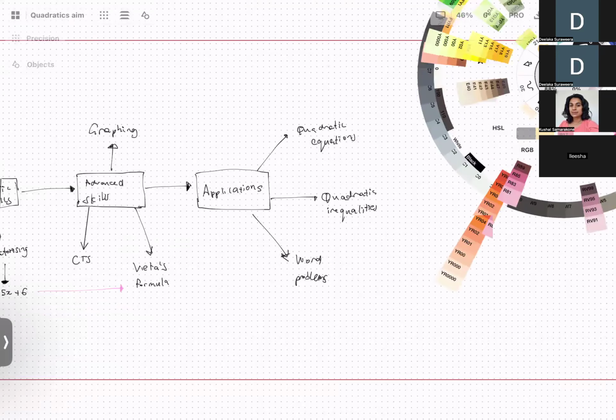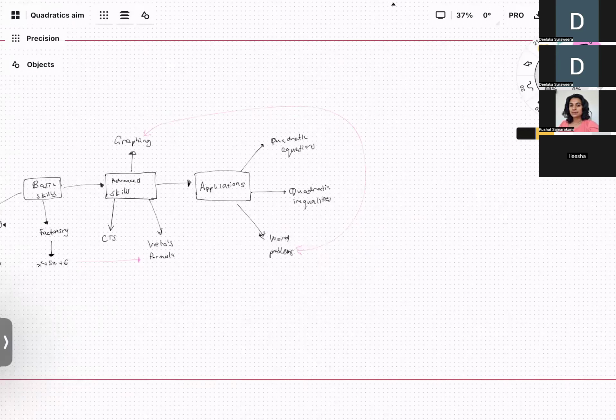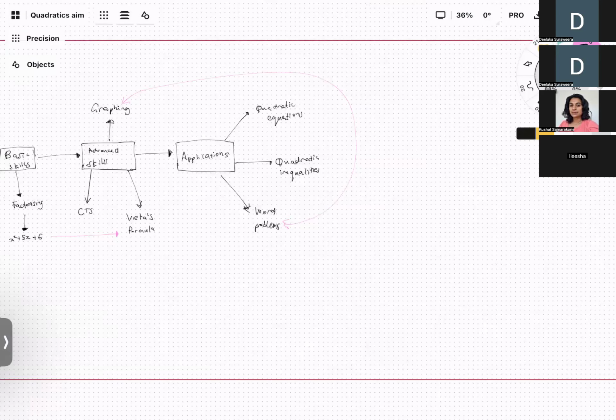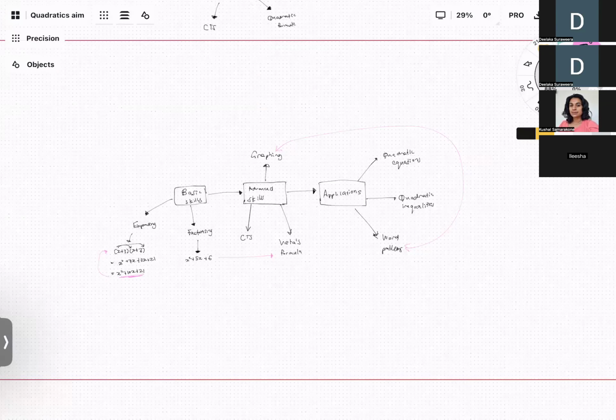So graphing will come into word problems. They help us think of the problem more visually, solve it, and make sure we don't make silly mistakes. So graphing is tedious, I understand, but we'll learn it as well. And it's an advanced skill because quadratic graphs aren't super easy like the straight lines you've seen.